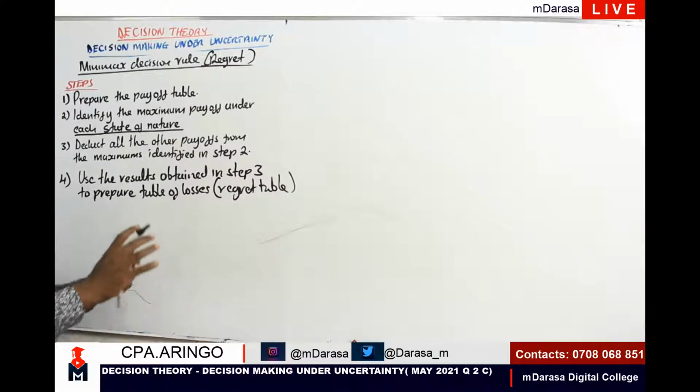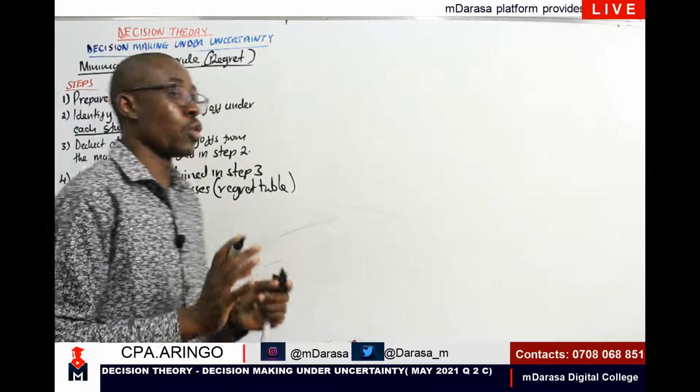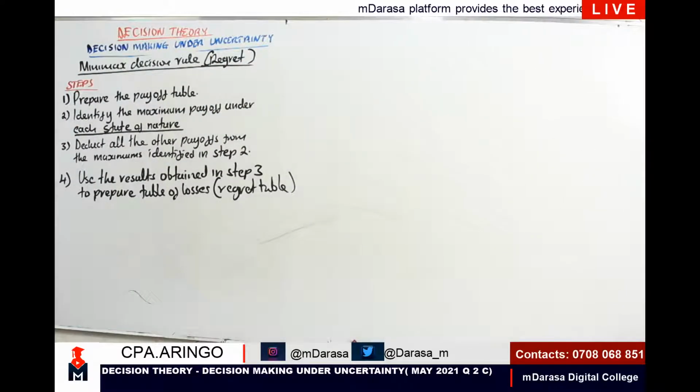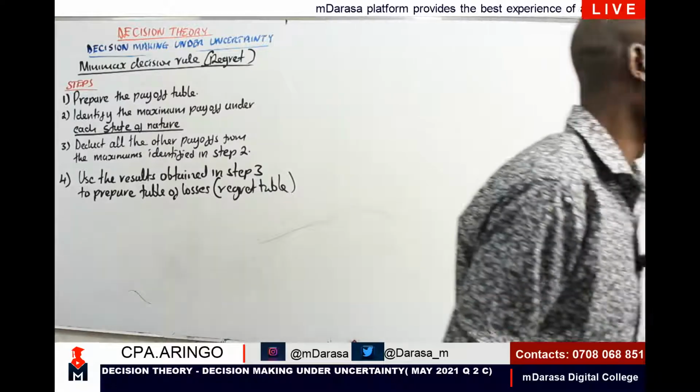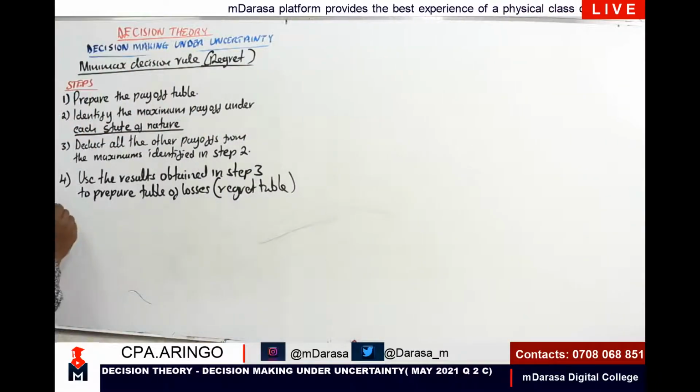So we use the results obtained in step 3 to prepare the table of losses, commonly known as the regret table. Then step number 5.